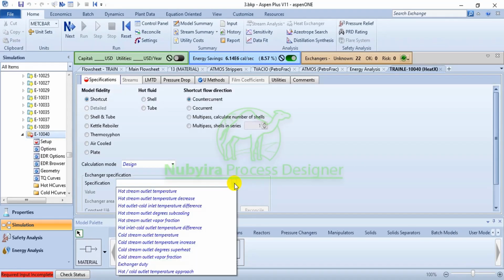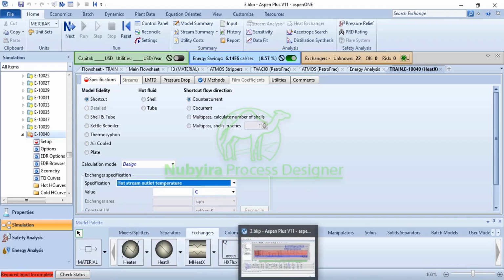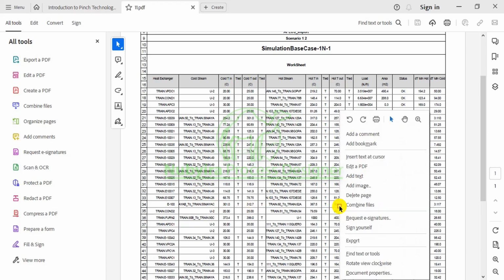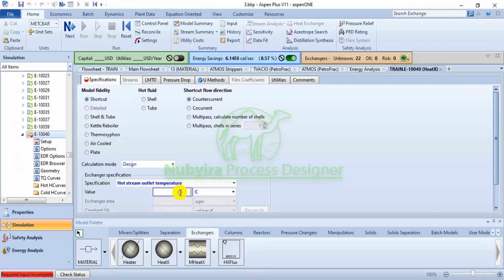So I'm going to be specifying the hot temperature for this by following this flow sheet. So it's 17. The hot temperature is coming out at 304.1 degrees Celsius.